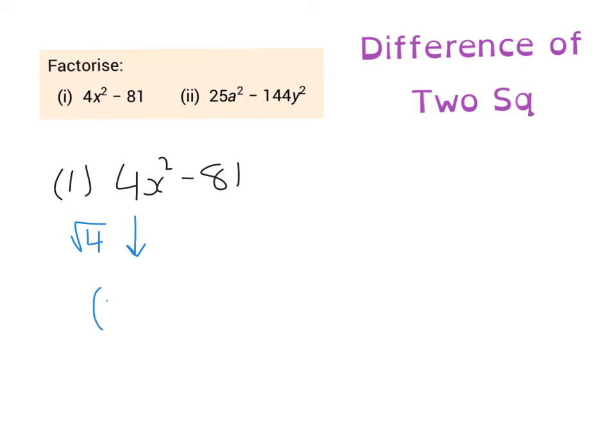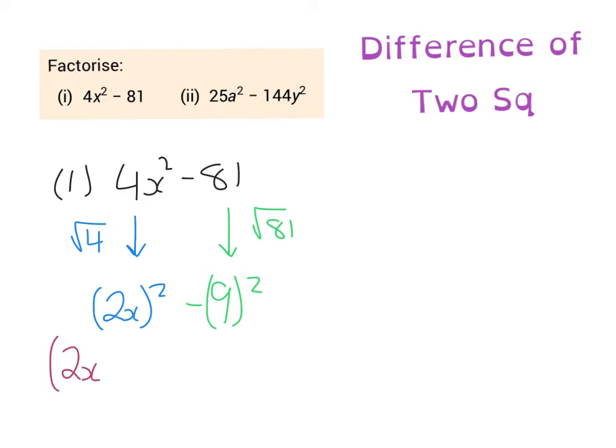So my answer is 2x, squared. And I then have 81. And again, the square root of 81 we know is 9. And that's 9 squared. So my answer then, when I regroup them, is 2x plus 9 and 2x minus 9.